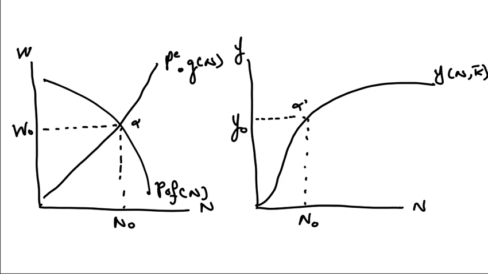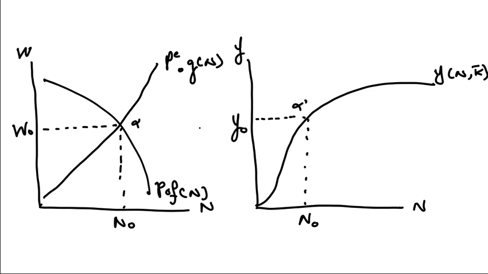Now the analysis continues in the labor market as well as the production function. So here we have the nominal labor market. Recall back in the AD and AS schedules or curves, we have an increase in price from P0 to P1.